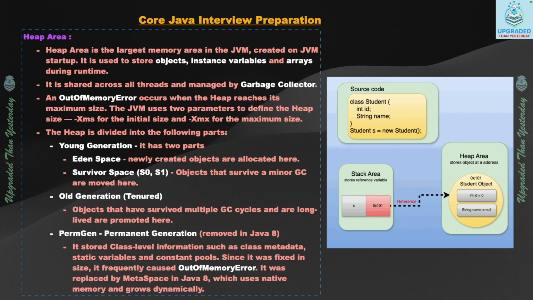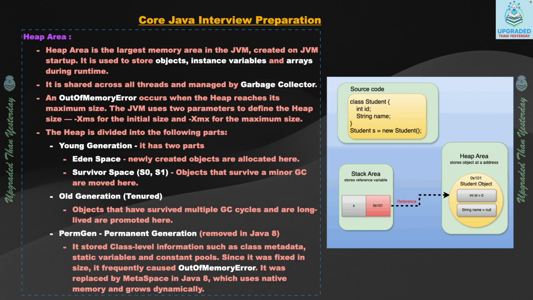Objects that survive in eden space and have already spent time in one of the survivor spaces, say S0, are then moved to the other survivor space S1. Active objects are continuously moved between S0 and S1 to delay their promotion to the old generation, allowing the JVM to manage memory more efficiently.